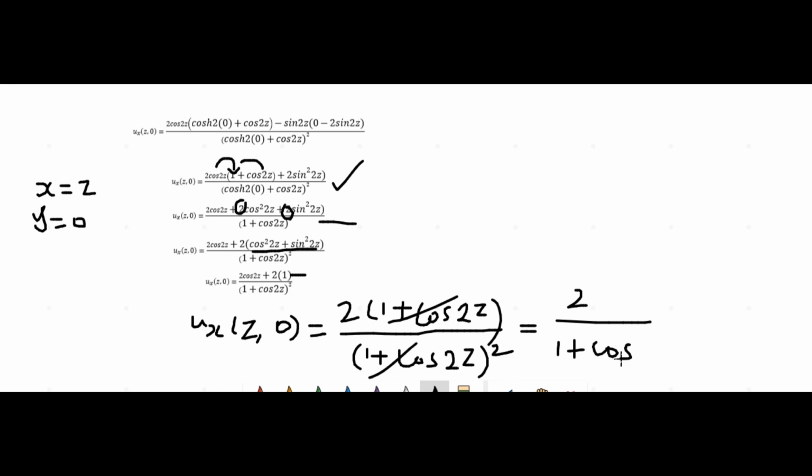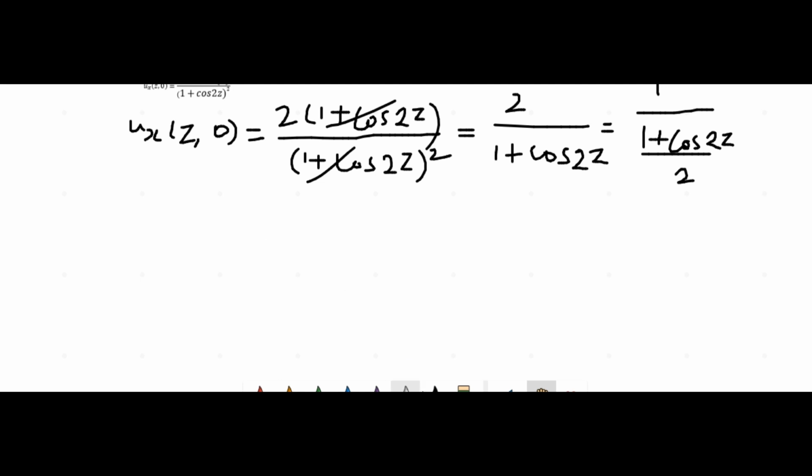This will be written as 1 by, 1 plus cos 2z divided by 2. Based on our convenience, we change this term to 1 by, 1 plus cos 2z divided by 2.